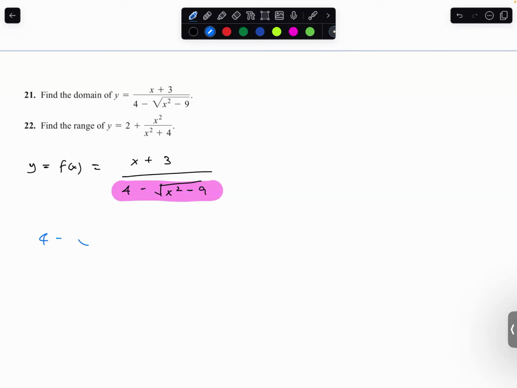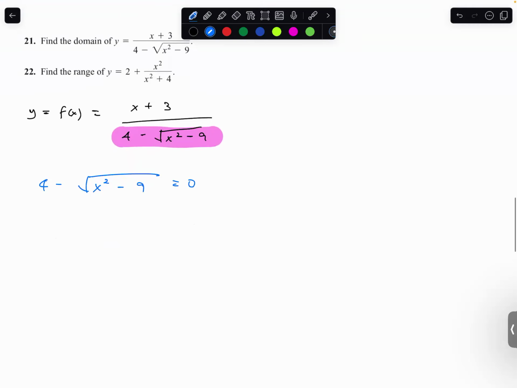4 minus the square root of x squared minus 9 equals 0. Then if we take the square root to the other side, we have 4 equals the square root of x squared minus 9.